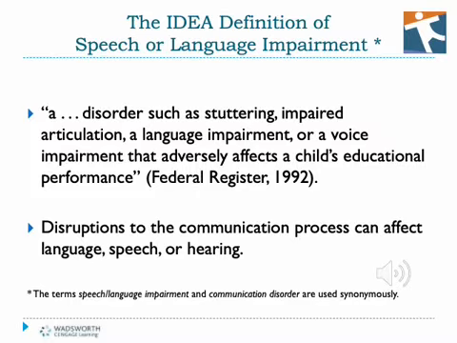Now, the IDEA has their definition of language impairment. And just so you know, the terms language, speech, and communication disorders are going to be used synonymously.